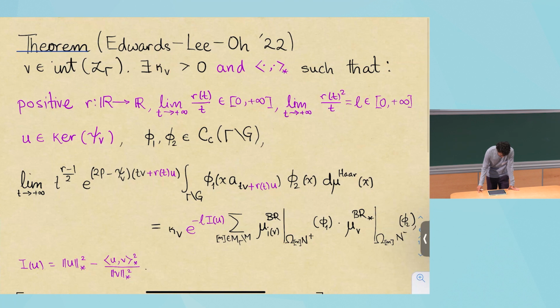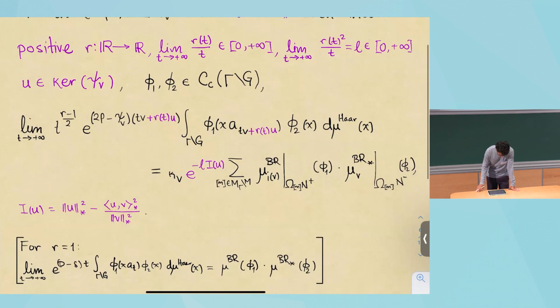So this theorem says that if you take v inside the interior of the limit cone, then there's a positive constant kappa v, such that if I take test functions phi1, phi2, which are compactly supported functions on G mod gamma, then I have the following. So what does it say?